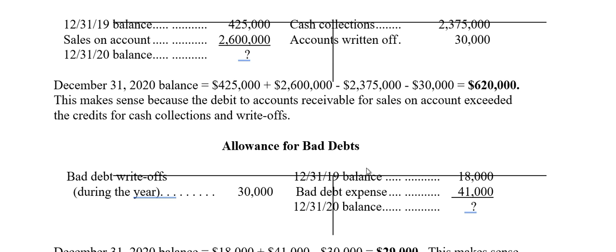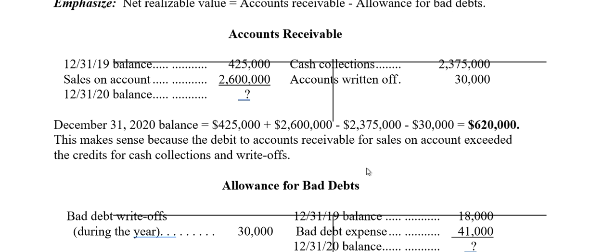Okay, and in this problem, they're going to give you all these numbers that go into your accounts receivable. Look here, you've got a balance of 425, and then you have some sales on account, which is going to debit your accounts receivable. Then you're going to have some cash collections on those receivables. That'll be a credit to a receivable because that'll be decreasing a receivable.